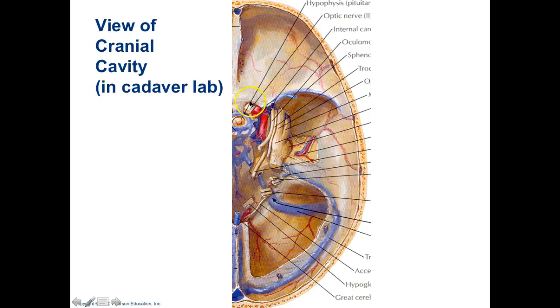So for example here, we have the optic nerve, and this is exiting at the optic canal. So underneath this bone here is our eye, and this optic nerve is coming from the eye going into our cranial cavity because it needs to convey that information to our brain. Whereas some of our other nerves, we have more fibers going on out.